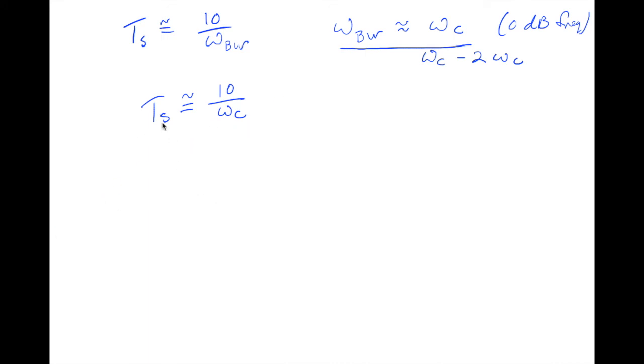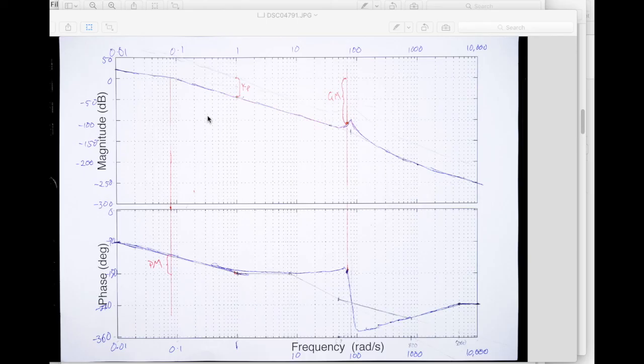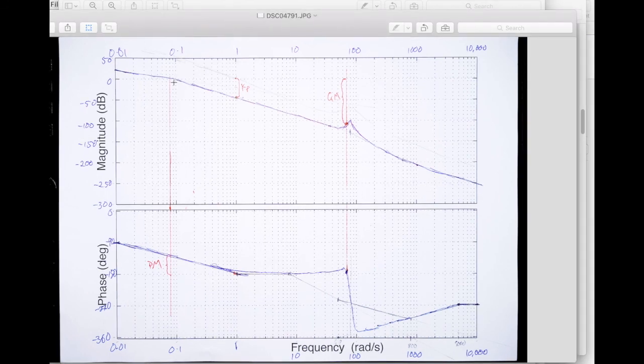Okay, so if we assume settling time is approximately 10 over the crossover frequency, we can look back now at our Bode plot, and we say the crossover frequency here, somewhere in this region, is close to 0.1, or the bandwidth might be around 0.1. So we're looking at about 100-second settling time here. We need to improve that by about a factor of 10. Okay, so what do we need to do?